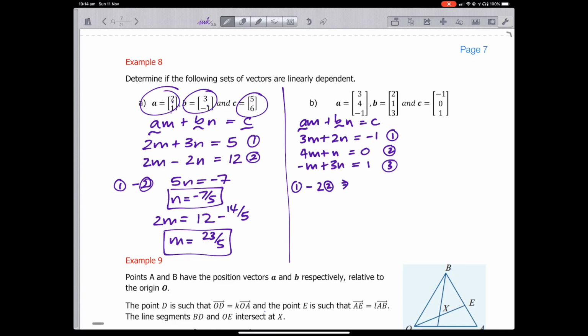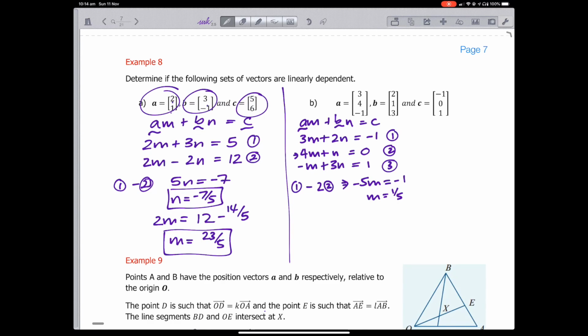3 minus 2 times 4, which is 8. So minus 5m. 2n minus 2 times n is 0. Negative 1 minus nothing is negative 1. So I get m is equal to 1/5.